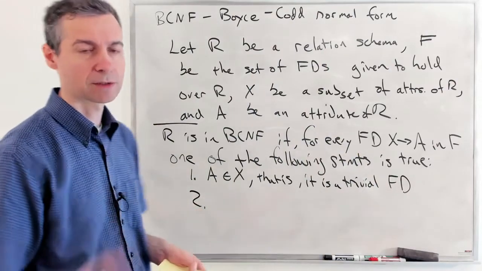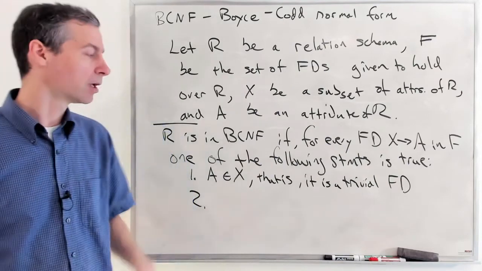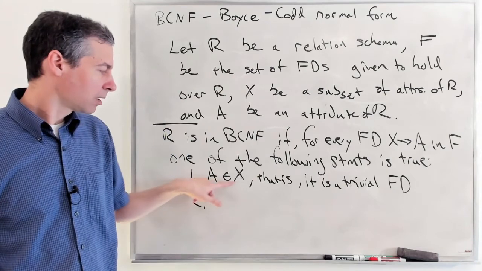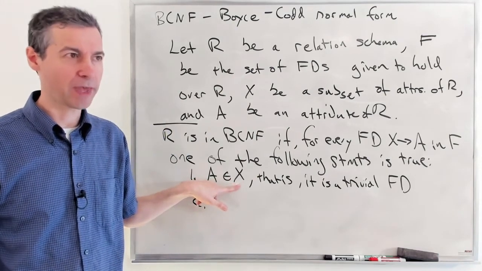Now I'm going to pause, and you're like, trivial functional dependency? You didn't define trivial functional dependency. A trivial functional dependency: A is one of the columns of X, one of the attributes of X.